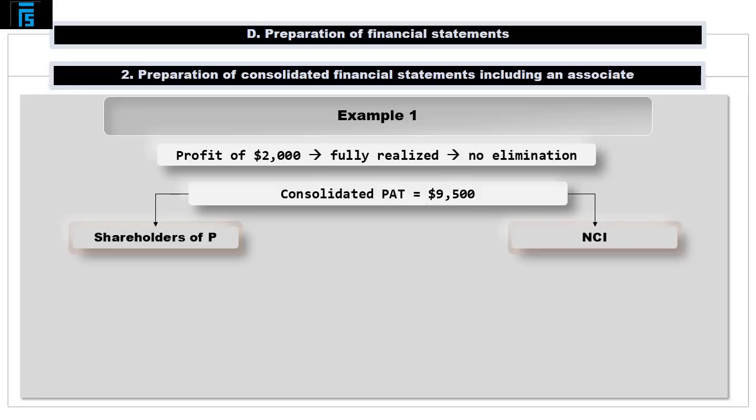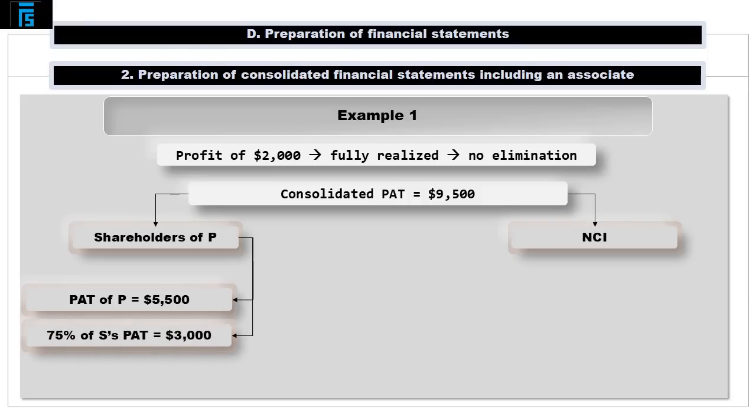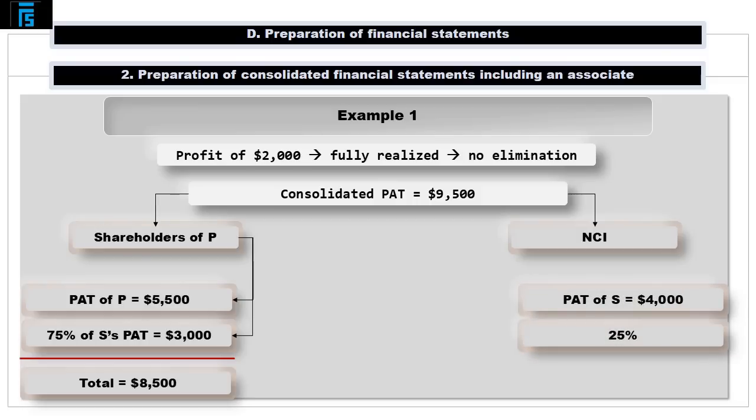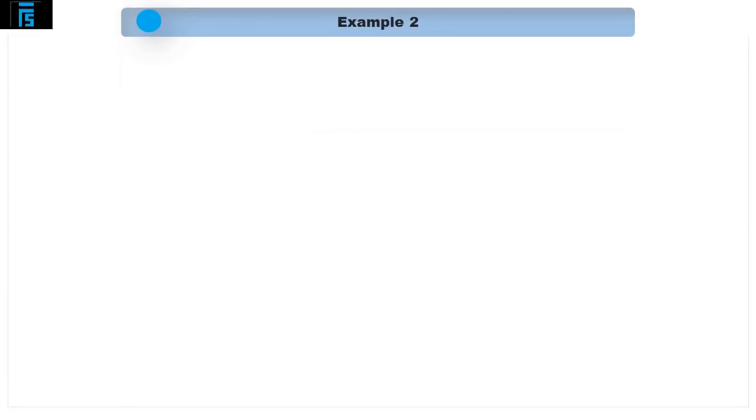The profit attributable to shareholders of the parent entity is therefore equal to the €5,500 of P's earnings, adjusted for the dividend from the subsidiary, and 75% of the €4,000 of S's profits, which produces a total of €8,500. The profit which gets attributed to the minority interest in S is equal to 25% of S's €4,000 after-tax profit, giving a result of €1,000.